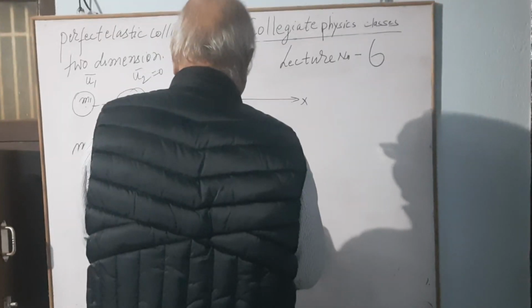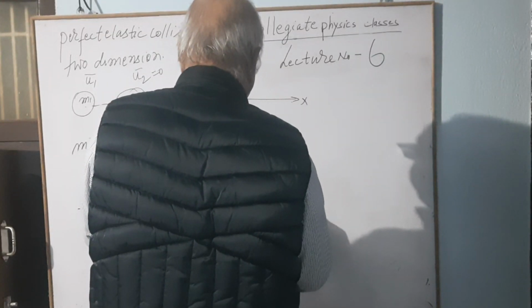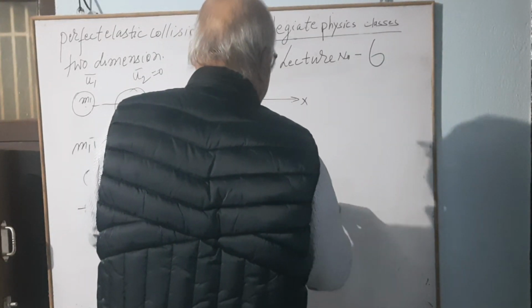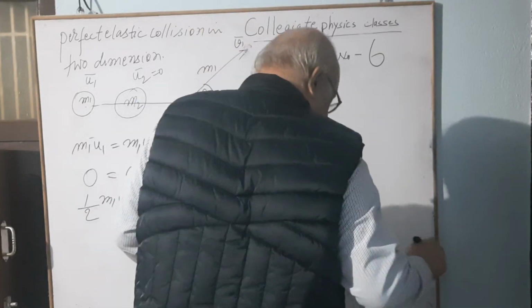So half m1 u1 square is equal to half m1 v1 square plus half m2 v2 square. This is equation number 3.